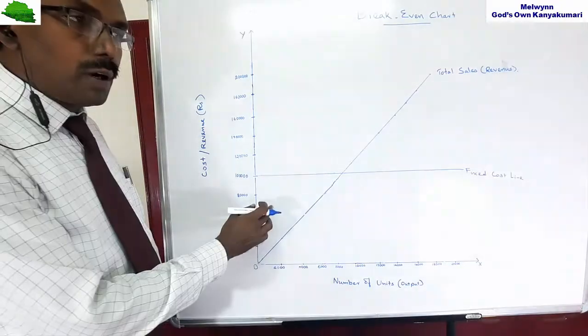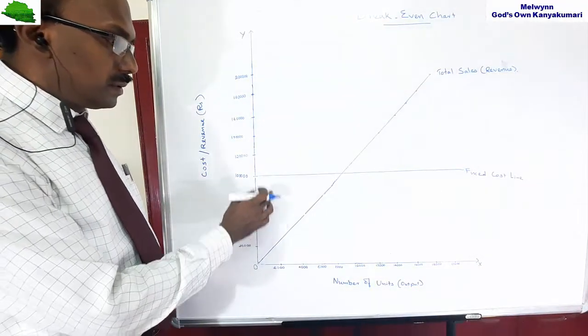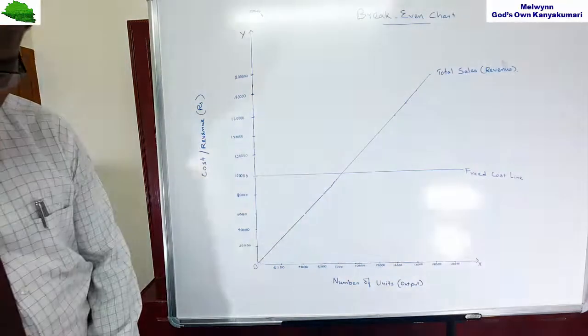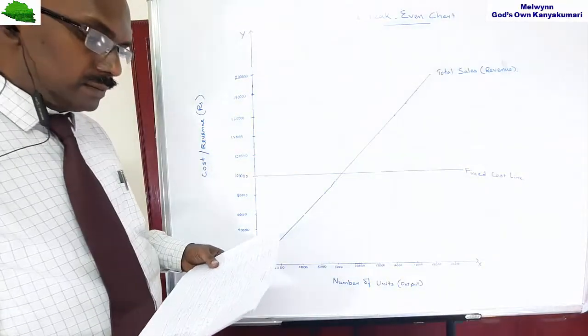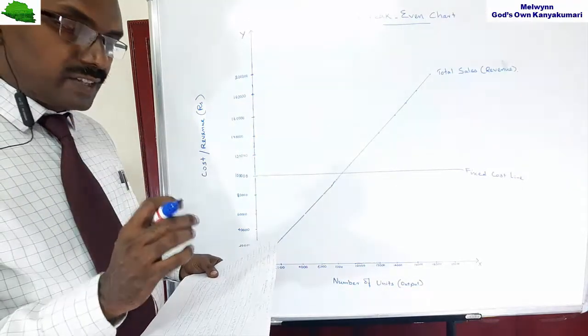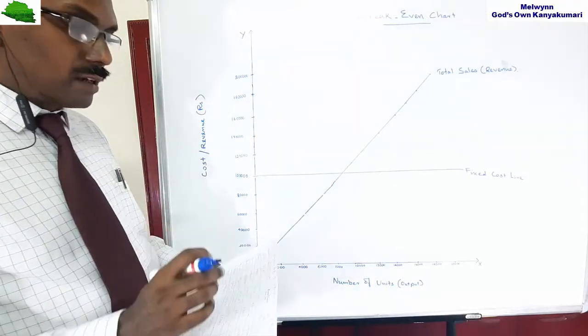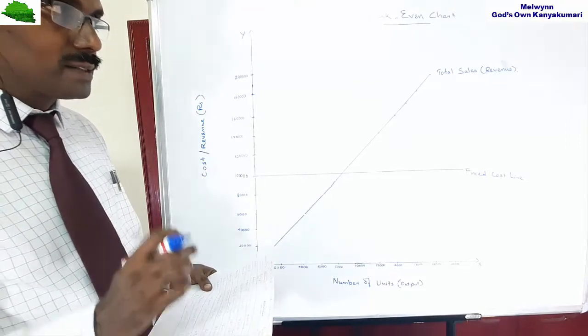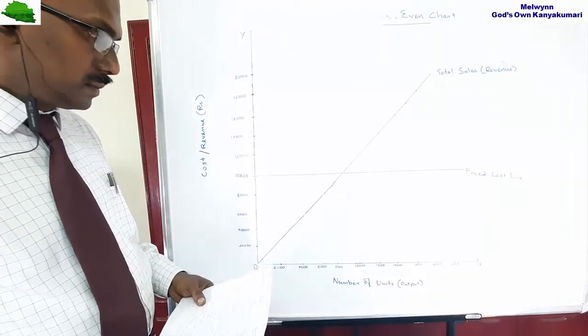Next we have to mark the total cost line. You see the table, last column, total cost is equal to fixed cost plus variable cost.